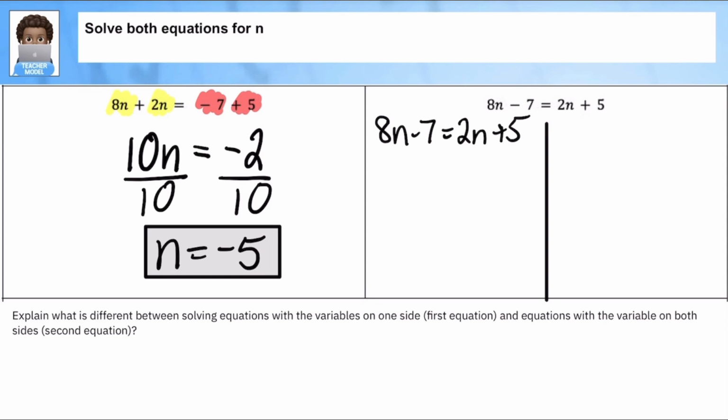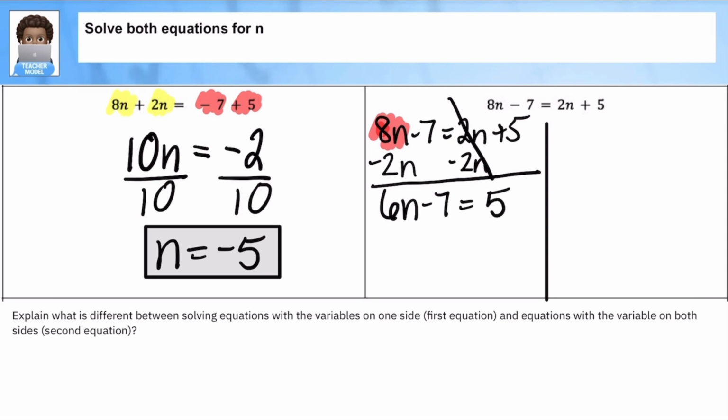Let's say you decide that you wanted all your variables over here on this side. So I'm going to subtract 2n here, and I'm going to subtract 2n on the other side. This way I have no variables on the right, but I have 6n minus 7 on the other side.